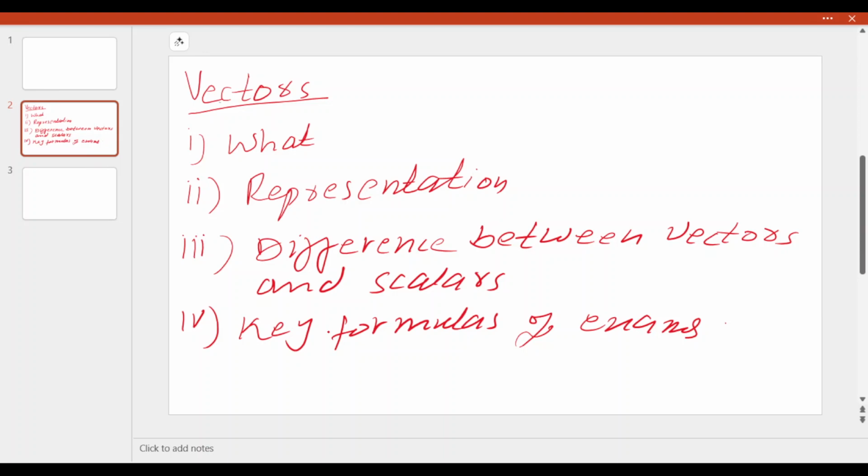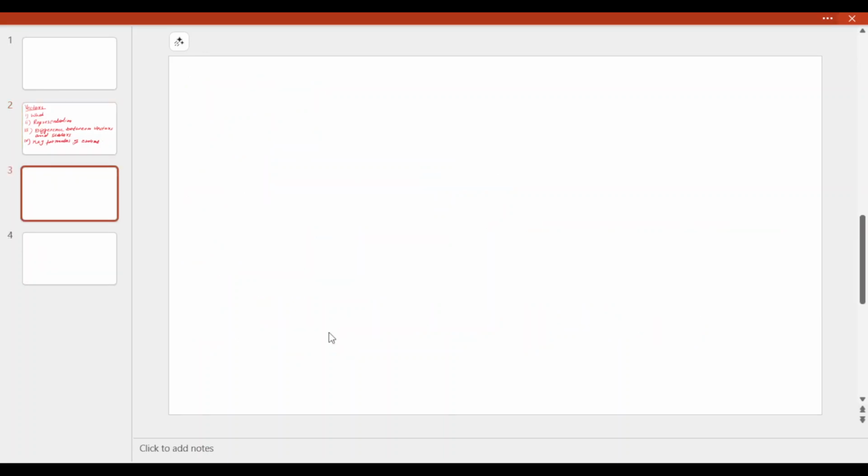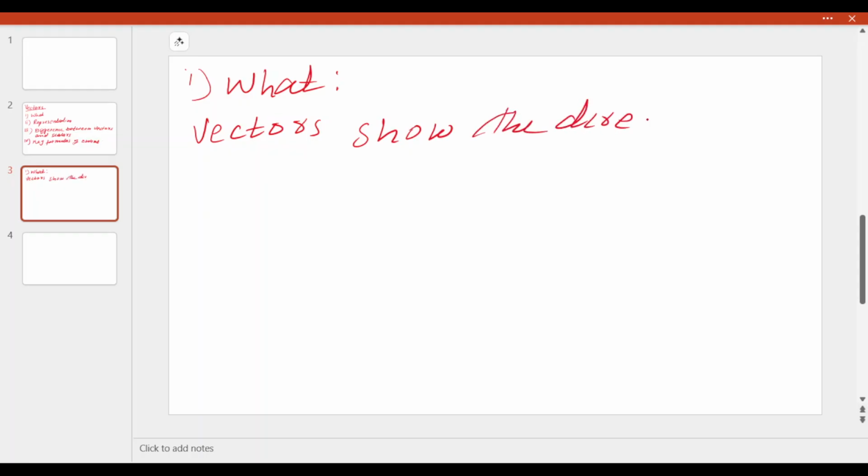So let us start from what vectors are. So vectors show the direction. Vectors show the direction.